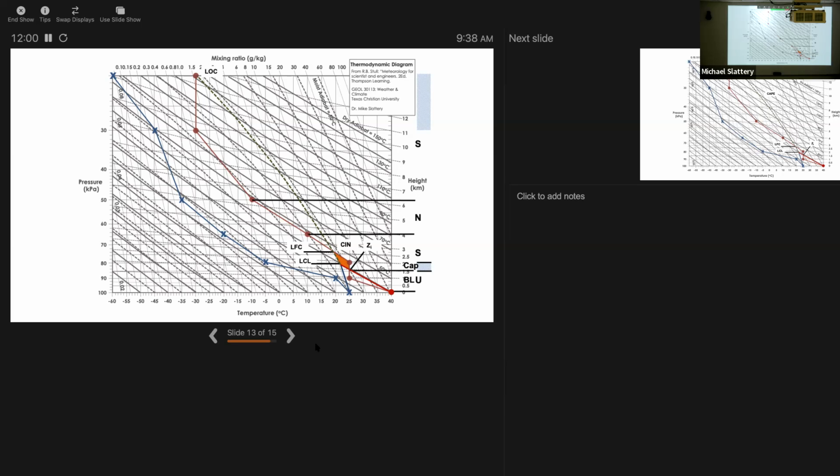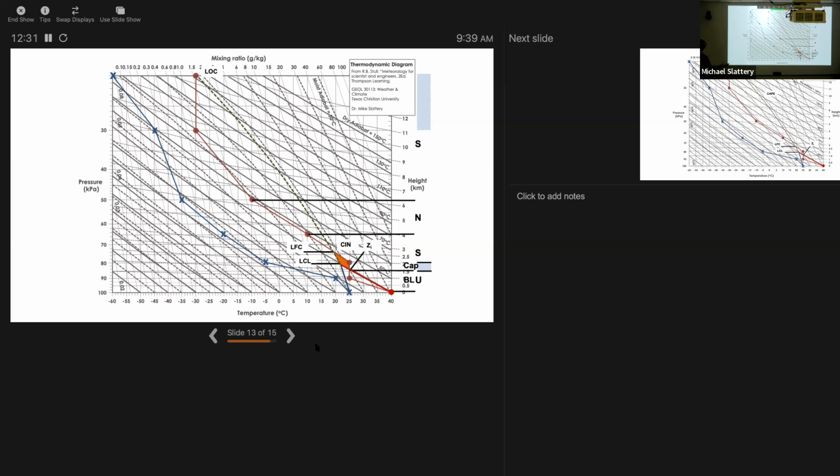Well, that parcel would have come along the dry adiabatic lapse rate. It would never have intersected the ambient environment. It would have reached its dew point. This lifting condensation level would have coincided with the level of free convection. It would have then just continued to rise along the saturated adiabatic lapse rate. It would always be lying to the right of the environment. It would always be unstable. You would be off to the races, and you would have unrestricted uplift or convection going on in the atmosphere at that point. Does that make sense?